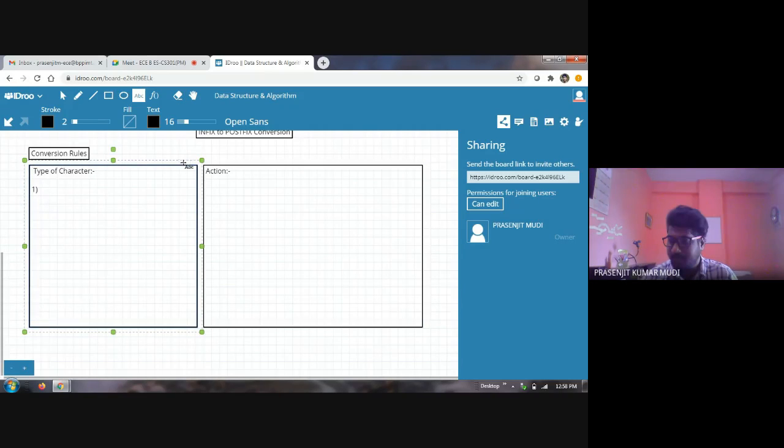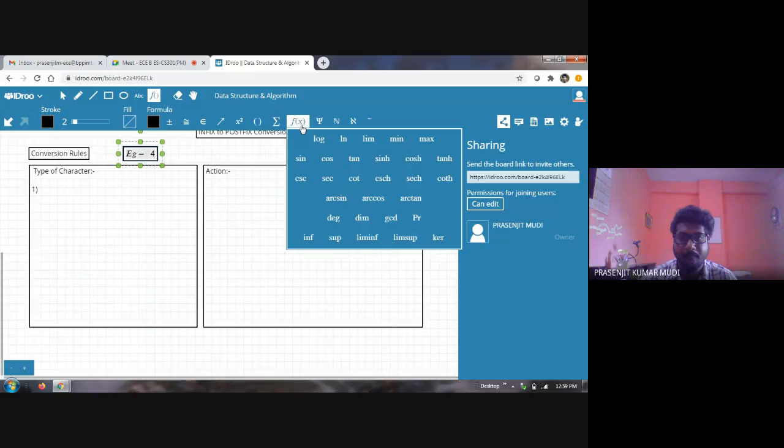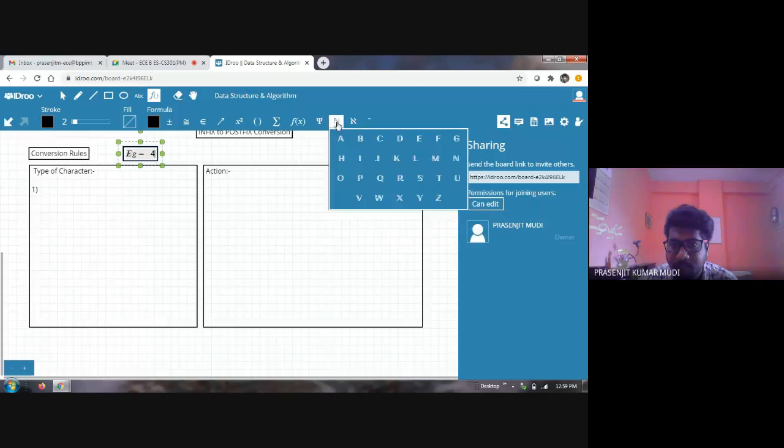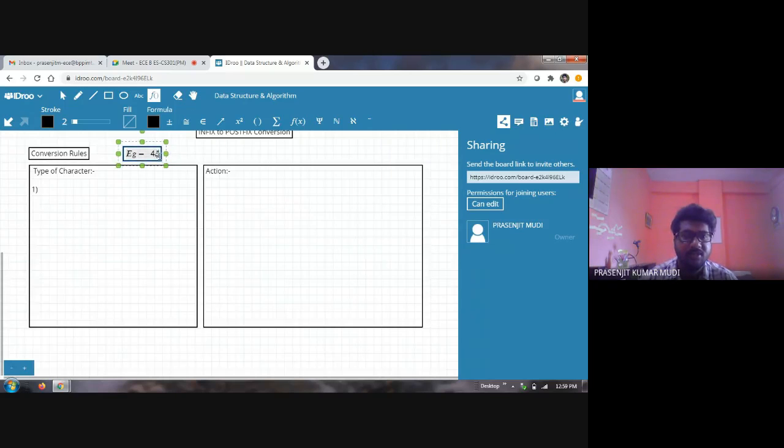Now for example, I'm giving one expression: 4 exponentiation 2, star, then 3 minus 3, then plus 8 by 4, bracket, plus 1. Here I am writing this sign to represent the exponentiation operator, that is the to-the-power operator. In some books you will see that it is a dollar sign.